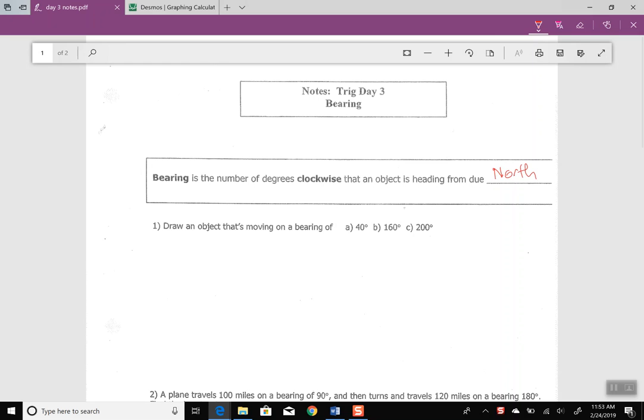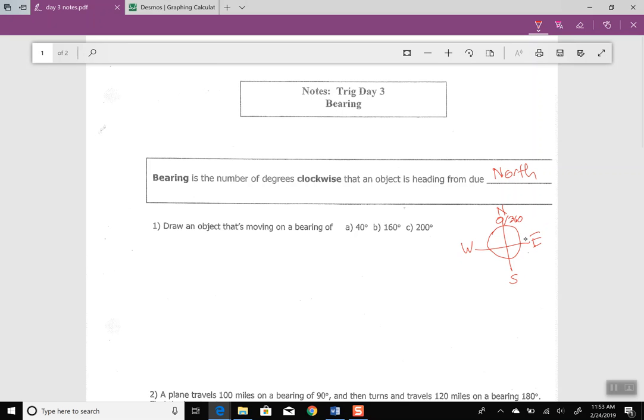So if we think about north, east, south, and west, and you think about a circle being 360 degrees, then north is basically saying you have gone 0 degrees clockwise, so you haven't moved at all. Or if you've gone around the full circle, you've gone 360 degrees.